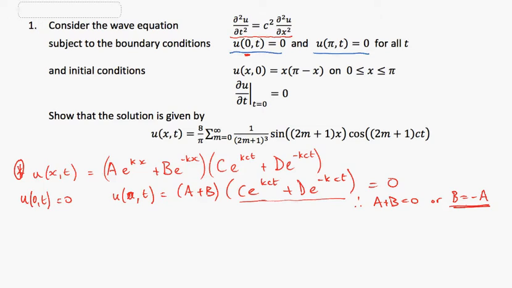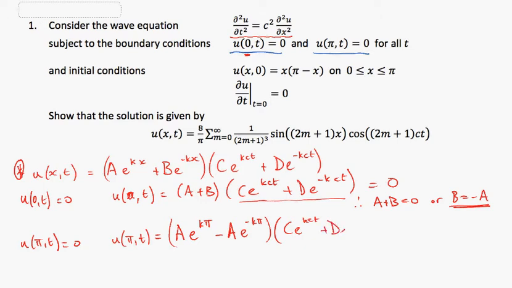Then we can take the other condition, u(pi,t) equals 0. Using minus a instead of b now, we have (a e to the k pi minus a e to the minus k pi) times (c e to the kct plus d e to the minus kct).